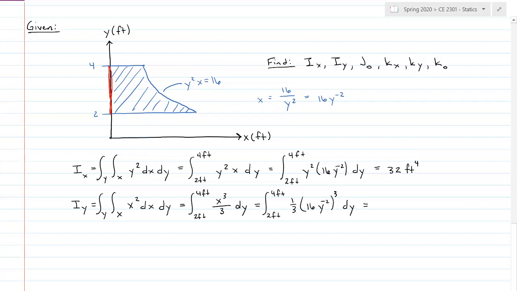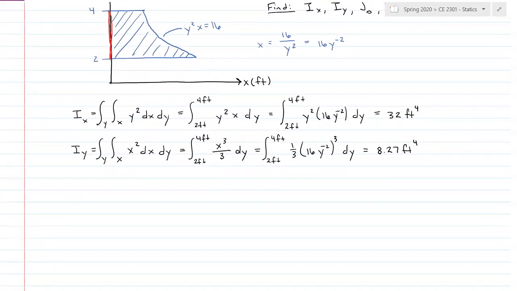And that gives me 8.27 feet to the 4th for my inertia. By the way, ladies and gentlemen, inertia is always positive. So if you end up with a negative inertia, you've done something wrong and you need to go back and check your work. For my polar moment of inertia, I'm going to add these two together: 32 feet to the 4th plus 8.27 feet to the 4th is equal to 40.3 feet to the 4th.